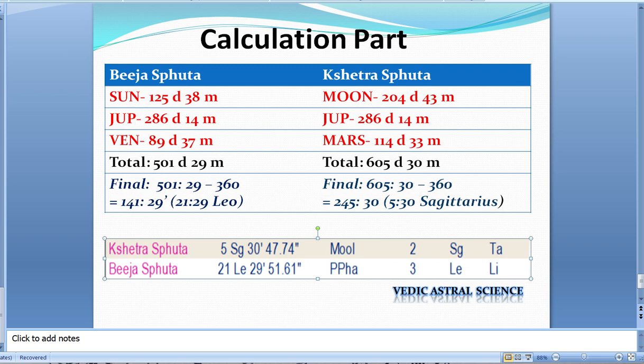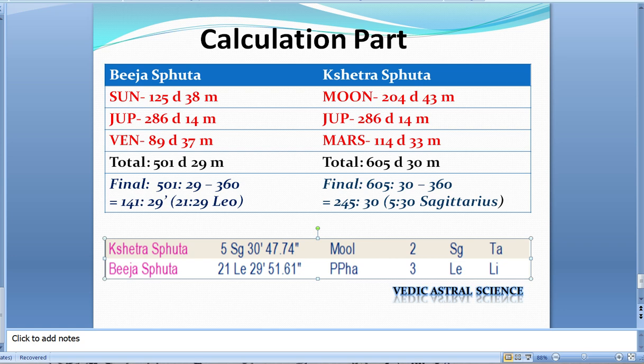If you look at the Beeja Sphuta Navamsa, we have already found out that it is in sign Leo in the D1 or Rashi chart, and the same will be placed in sign Libra in the Navamsa chart.